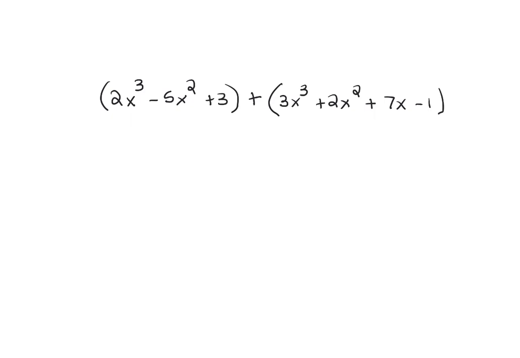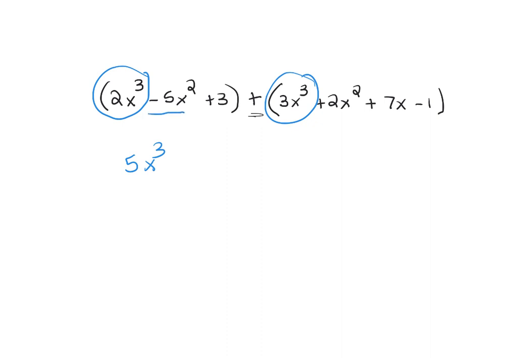Okay, so if I'm going to add these 2 polynomials, because it's adding, it's really just combine like terms. When you are combining like terms, you do not change your exponents. So 2x to the third plus 3x to the third is 5x to the third. Change your coefficients, not your exponents.